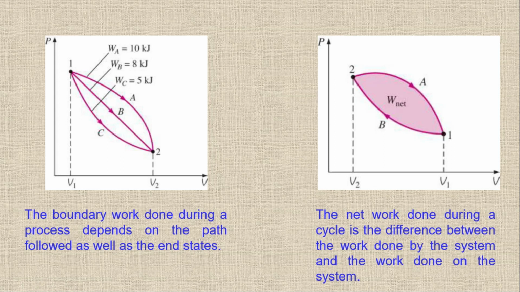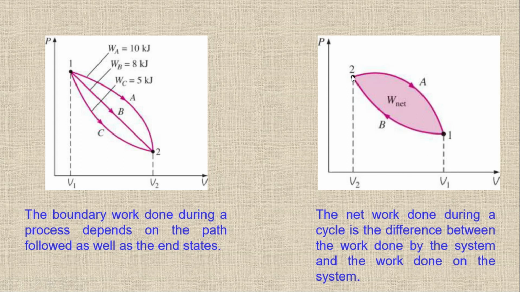And here, the net work done during a cycle: if we have different states but the initial and final state are identical or the same, then it is called a cycle. So here, if you can see, we have state number 1 and state number 2. From the initial state it's going upward. There is a compression process. In the compression process, the pressure will increase and the volume will decrease.